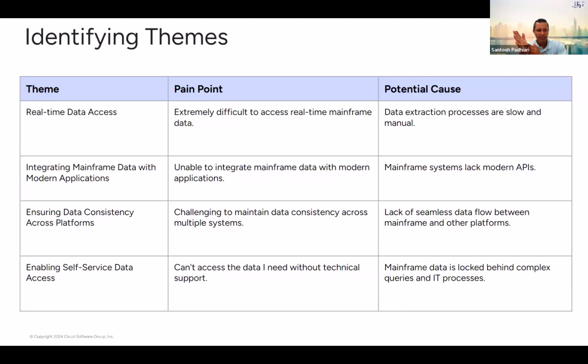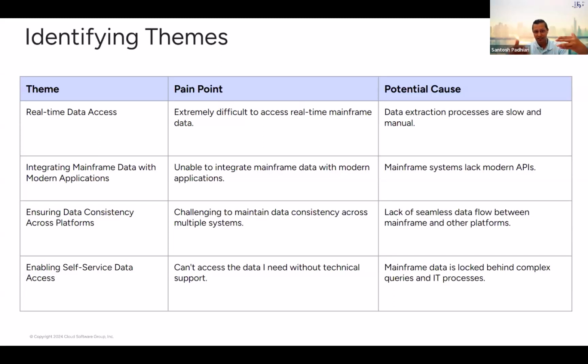Then the third one is seamless data flow between mainframe systems and any other platforms. Why do we need it? Because without this seamless exchange of information, that can lead to data discrepancies or inconsistencies, and fixing those is very time consuming. Another good example, this is actually from a big healthcare payer.